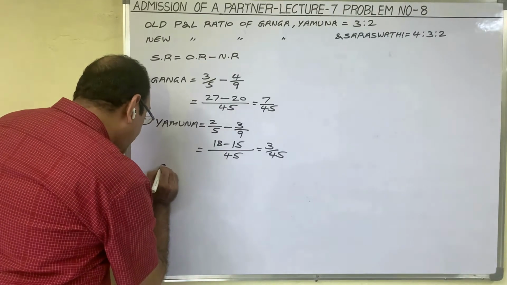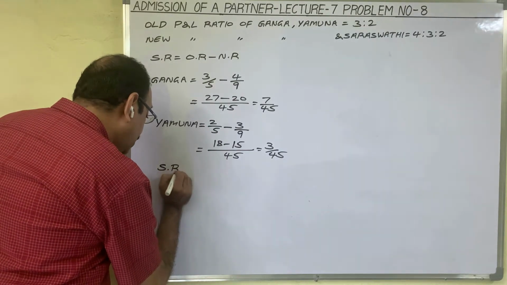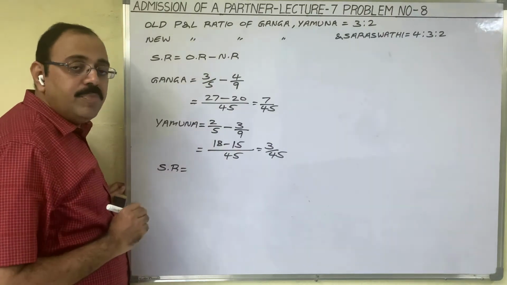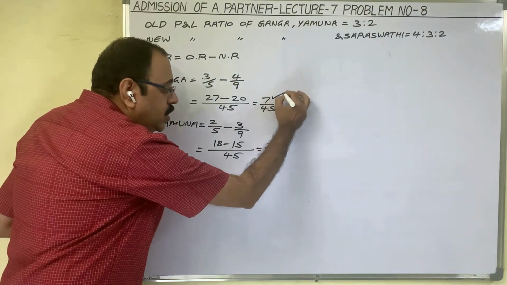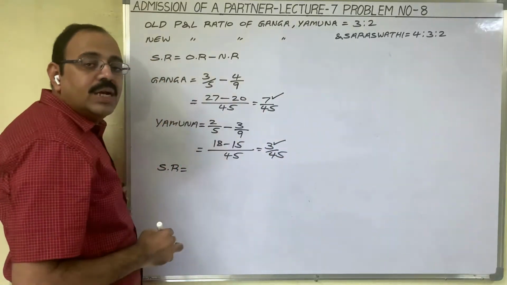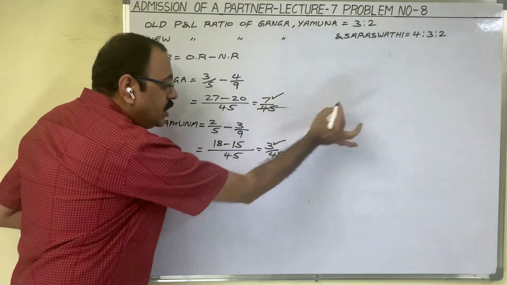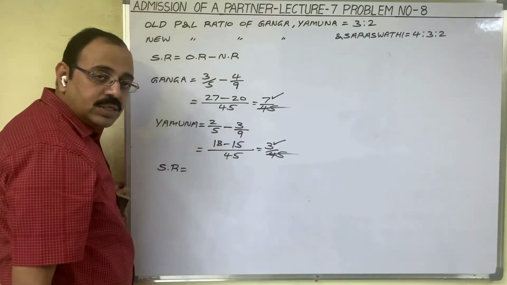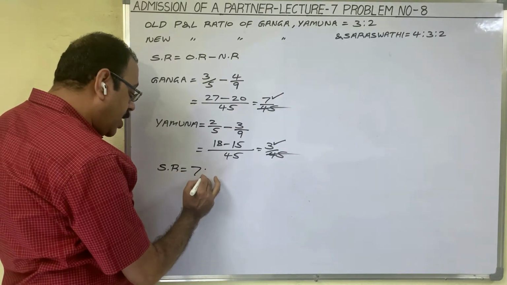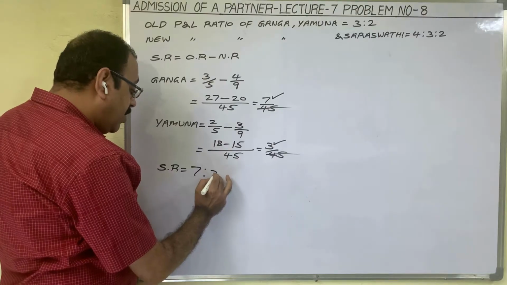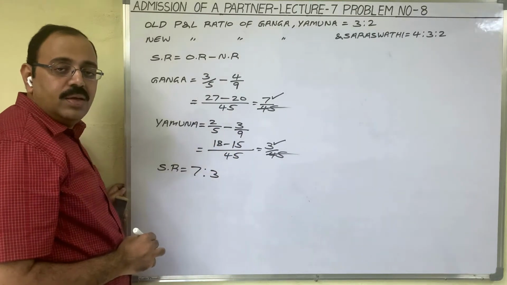Now, finally write down the sacrificing ratio. Remember, to write the sacrificing ratio, only these numerators we have to consider. Don't consider the denominators. Therefore, the sacrificing ratio of Ganga and Yamuna is 7:3.